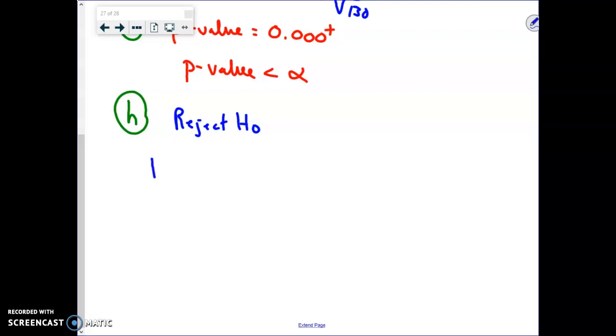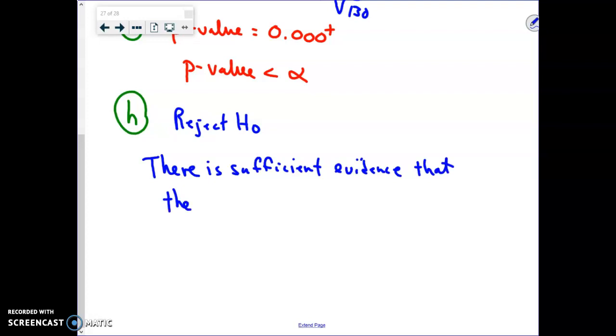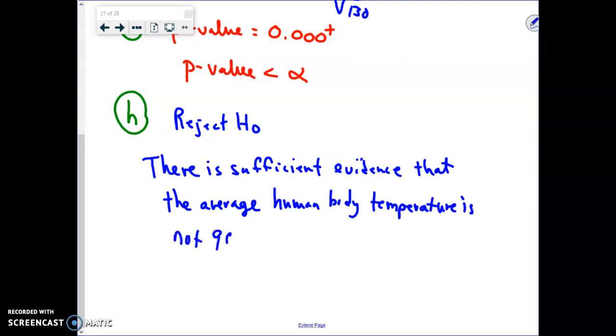So I would even say when you write your conclusion, all we're basically going to say is there is sufficient evidence that the average human body temperature is not 98.6 degrees Fahrenheit.